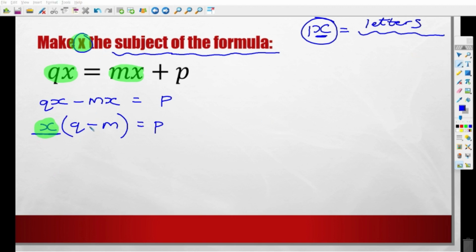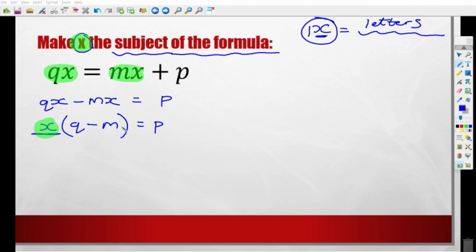So how am I going to get x by itself here? Remember when we were dealing with linear equations, in my previous video, I was always asking you, what's happening to x? And then what did I say? When you found out what's happening to x, I always said, do the opposite to get rid of it. There's a reason why I was saying that.